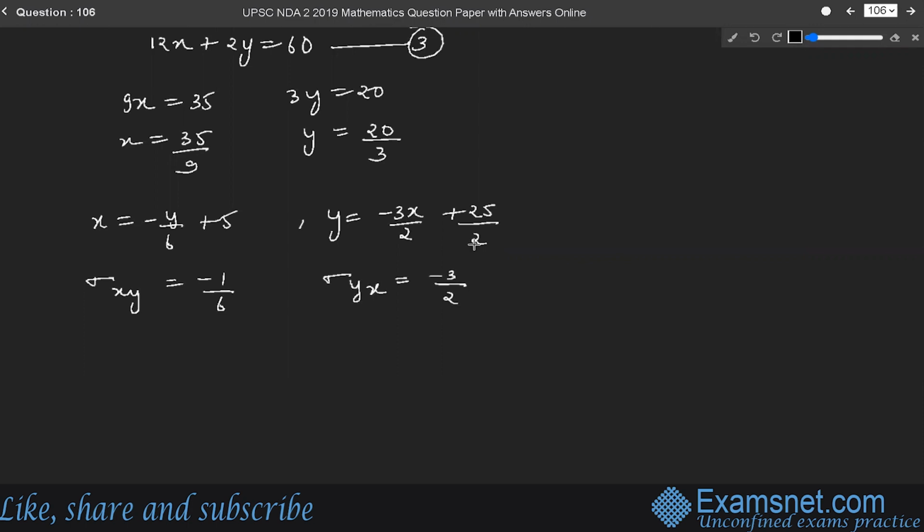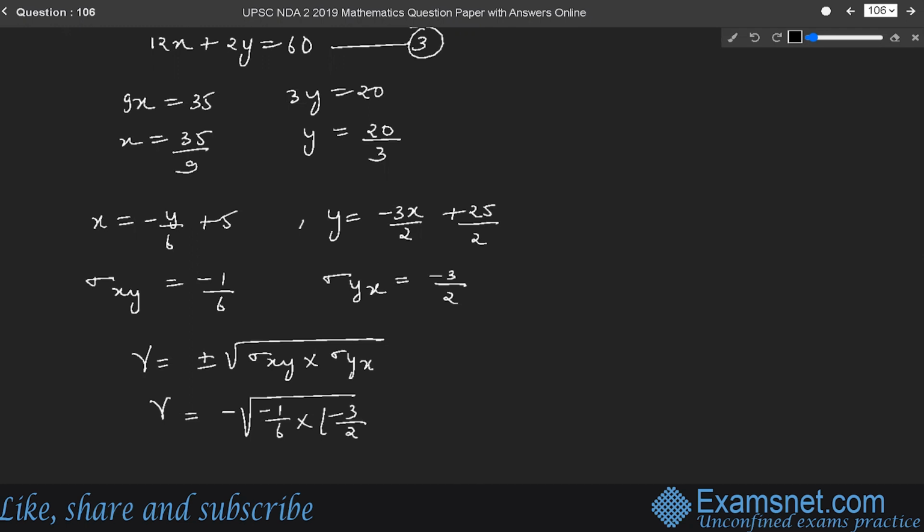We know that gamma is equal to plus minus under root of sigma xy into sigma yx. So now we have the values for both sigma xy and sigma yx. On substituting this, gamma will be equal to minus of under root of minus 1 by 6 into minus 3 by 2.